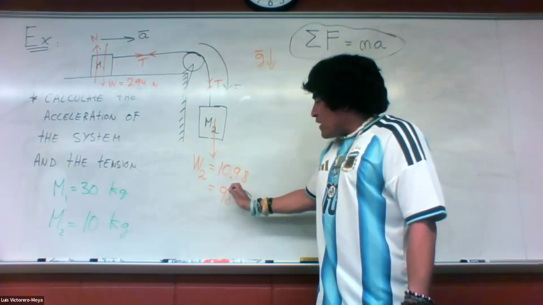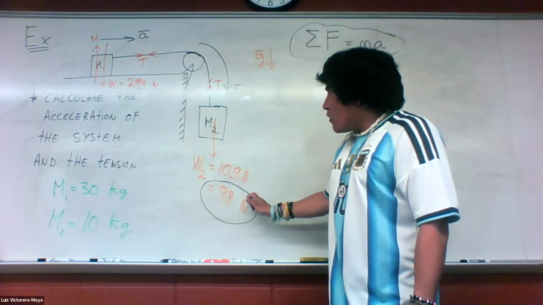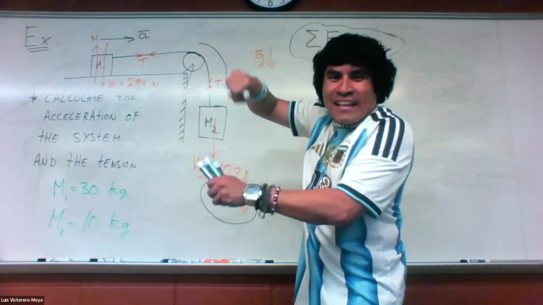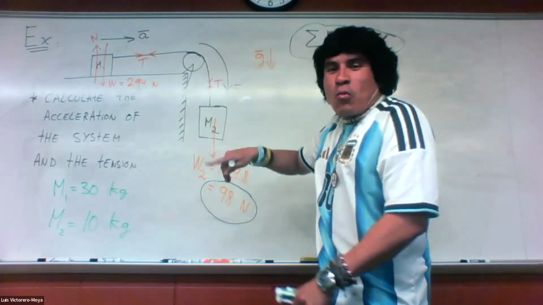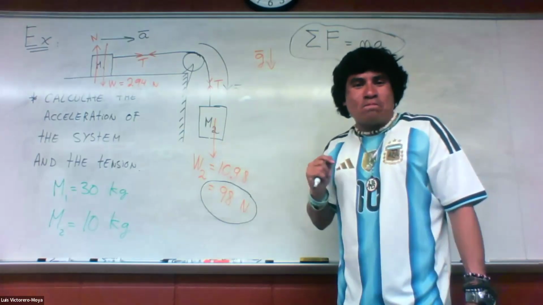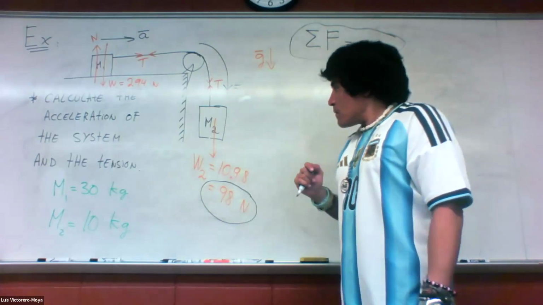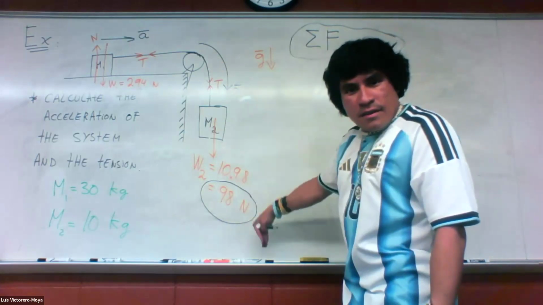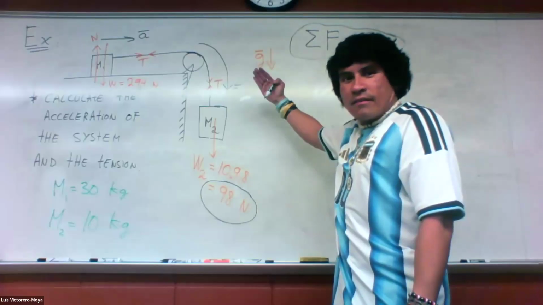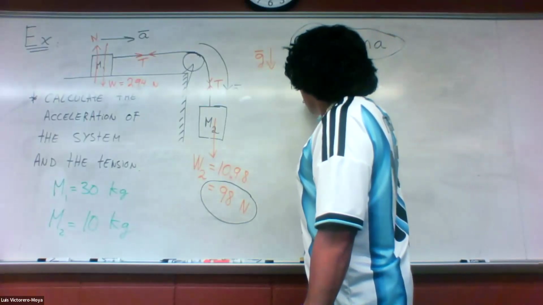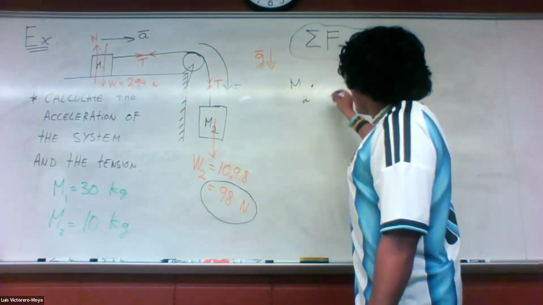Down, because of this, 98. But wait a second though. What about the tension? The tension is dragging it, like stopping it. So what's the net force acting on M2? Would it be 0? 98 minus what? T. Yes.